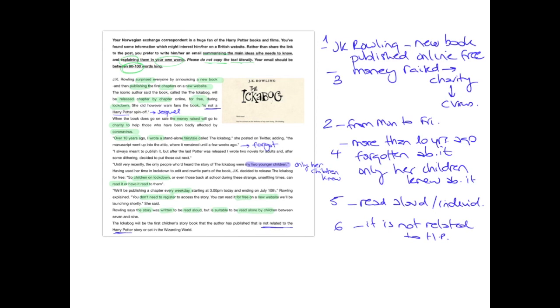Then the third step. As you can see, as I was summarizing, I was trying somehow to use different words. However, there are still some words that I could change. If you remember, for example, instead of saying that it will be published on weekdays, I said from Monday to Friday. But for example, instead of saying that the book is not related to Harry Potter, I could say it is not connected, or it doesn't have a relation.